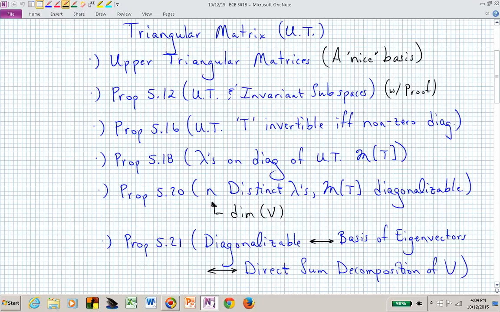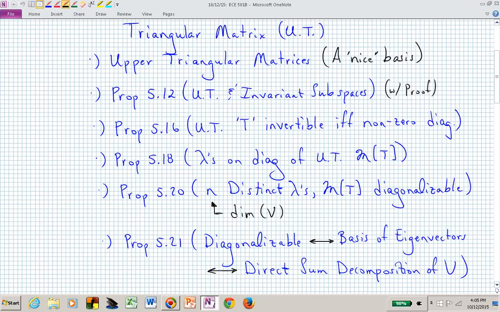That's 5.18. 5.20 says if we have distinct eigenvalues, is it clear what we mean by distinct? Non-repeated. So we can't have an eigenvalue at -1 and another eigenvalue at -1. That would not be distinct.